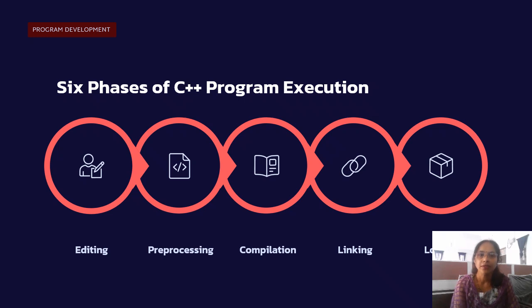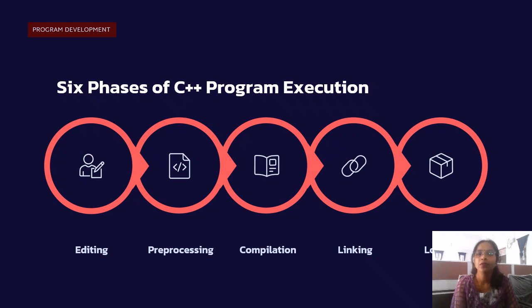Now let me discuss the 6 phases of C++ program execution. We can say that a C++ program passes through 6 phases. What are these phases? Let's see. These phases include editing, pre-processing, compilation, linking, loading, and execution. Each phase transforms the code step by step into a running program.